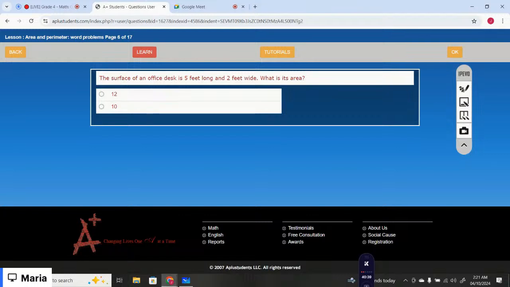That's an office desk, right? You have to do 2 times 5. Very good. That is 10. The correct option is option number 2. 10 it is.